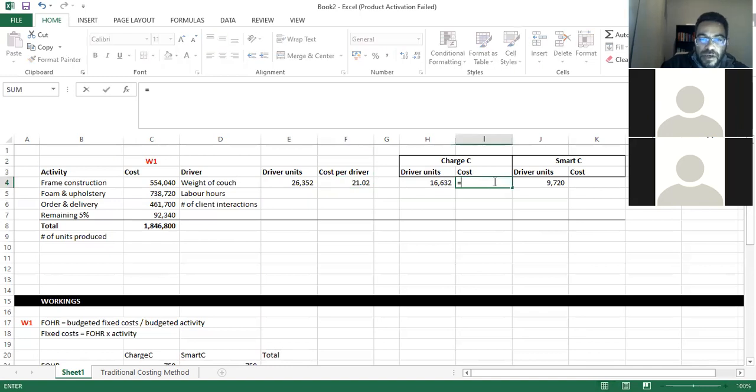Immediately, I'll go add it, I'll work it out. So it is cost driver times units.